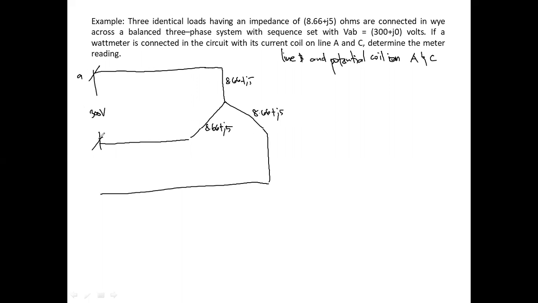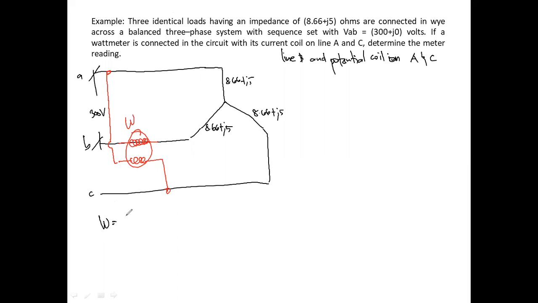This would be line A, line B, and line C. It's mentioned the wattmeter: the current coil is in line B, whereas the potential coil is in A and C. So this would be the position of the wattmeter.